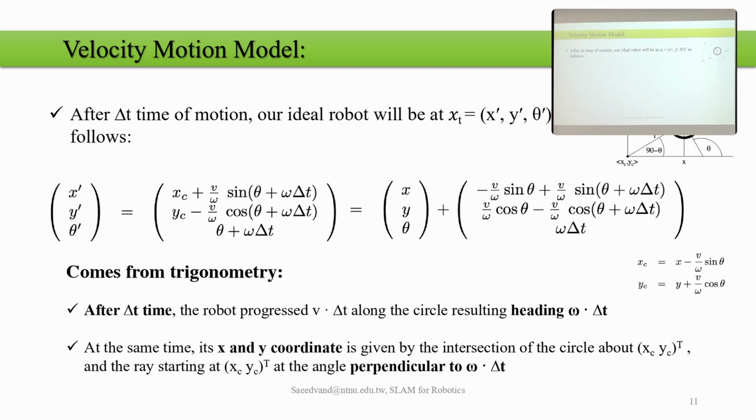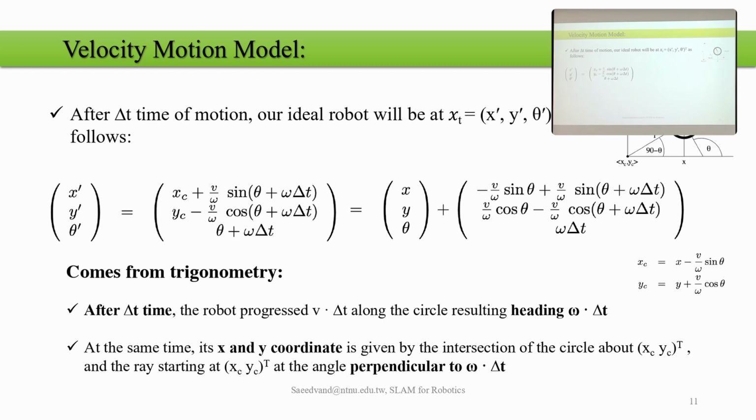Then, after delta t time of motion, our idea, as I mentioned, is to find out where the x prime, y prime, and theta prime are on xt. How can we do that?